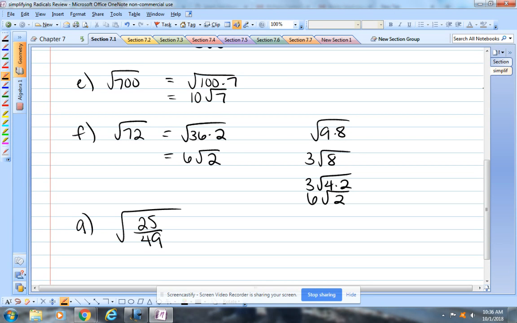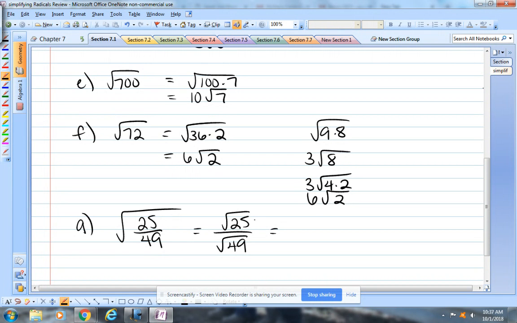If you take the square root of a whole entire fraction, that means the numerator and the denominator get their own radical. You separate the numerator and denominator and give them their own radical. And then you take the square roots.